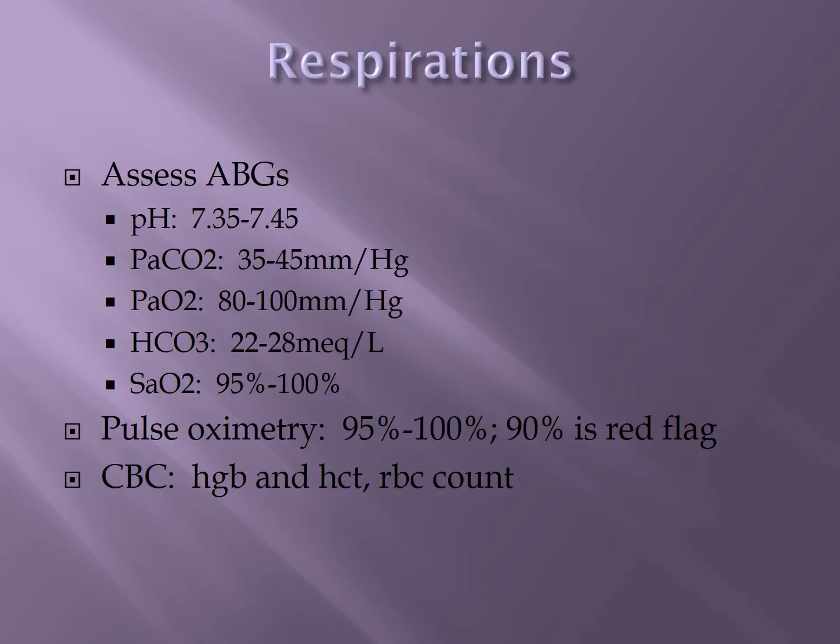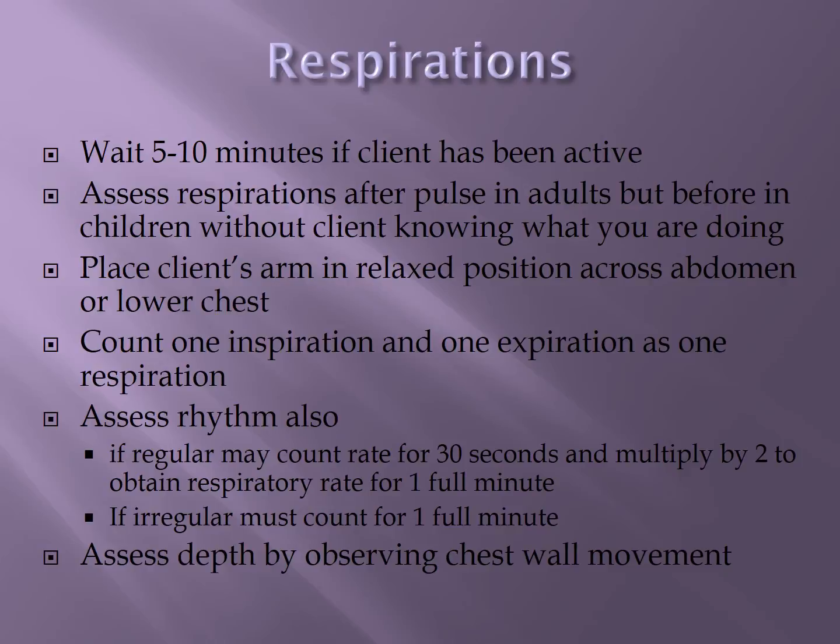They only have half the number of box cars carrying oxygen that they need, and they will be hypoxic. Now, it's not going to be unusual if you have a patient who has COPD for them to run less than 95%, but we still use 95% as, okay, we need to be looking at what that causes.